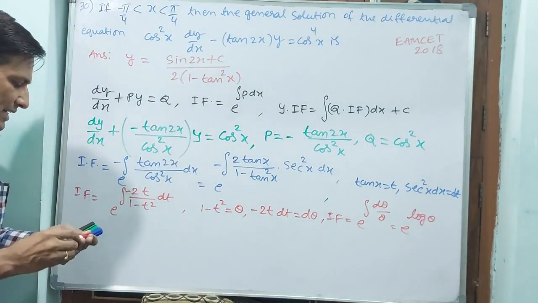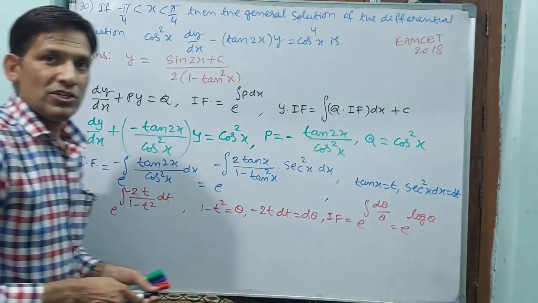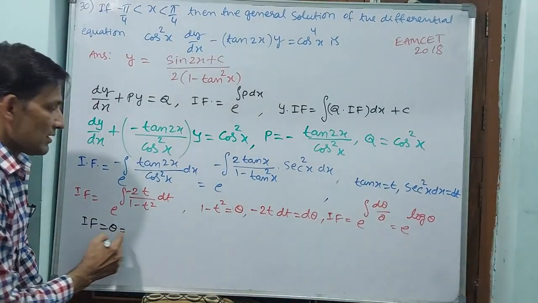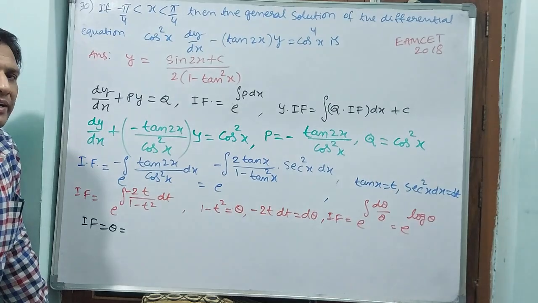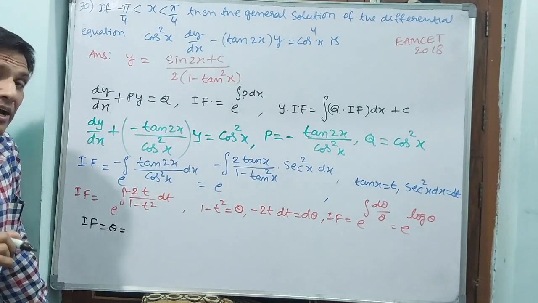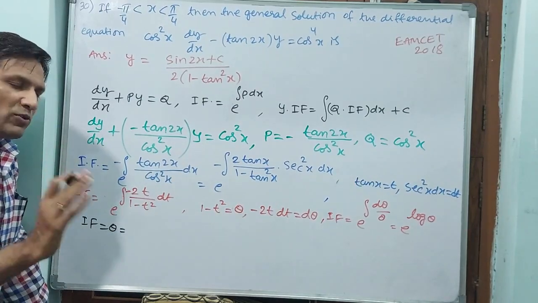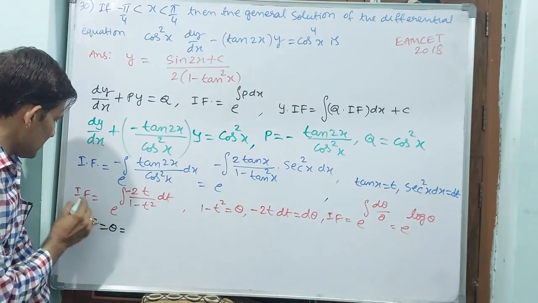You see, e and log are going to cancel each other out. That means the final integrating factor is equal to theta. E power log x means x, that you know very well. Log e is equal to 1, that also we know.